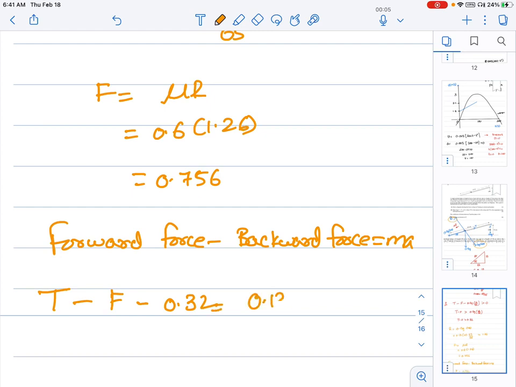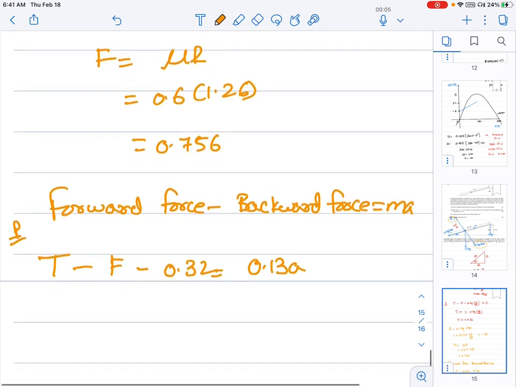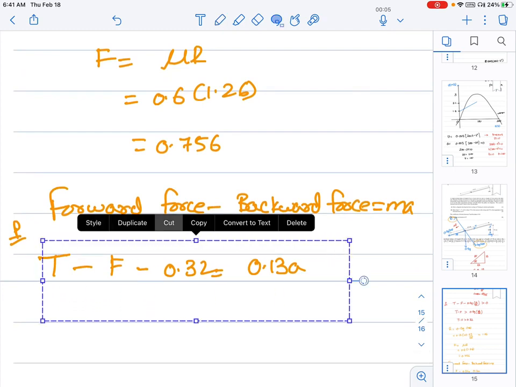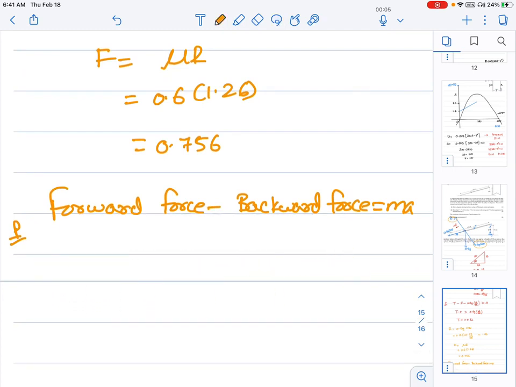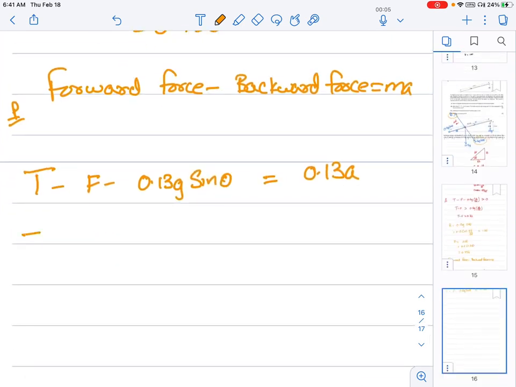M is 0.13 A. This is for P. So what is the 0.32? If you don't understand that, let me write it out once again. Forward force is the tension, minus backward force is friction, minus 0.13 G sine theta is equal to MA for P.